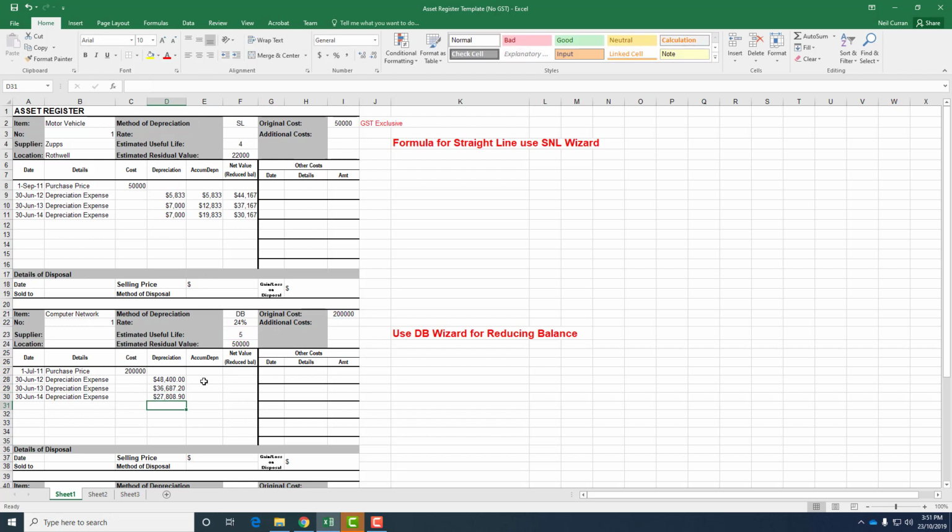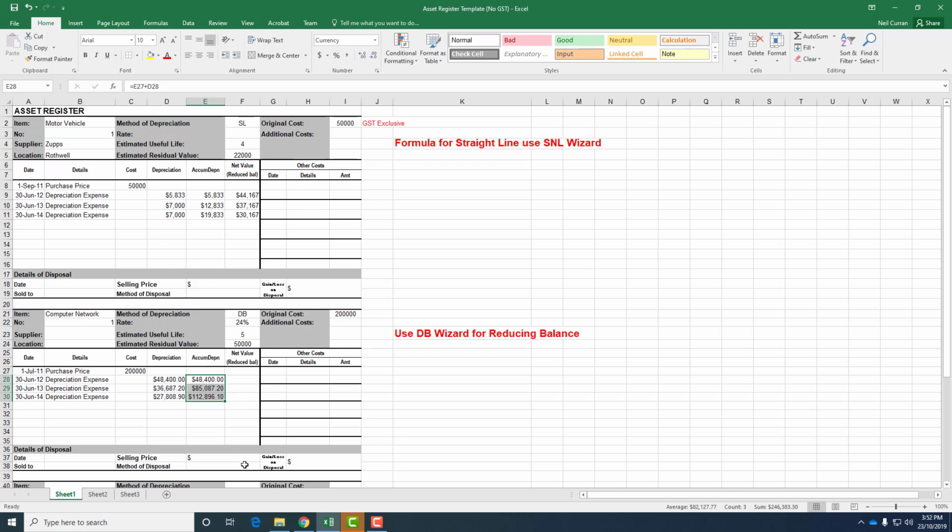And the same principles apply for your accumulated depreciation. So it is basically equals your opening accumulated depreciation plus whatever the depreciation was for that year. Okay, and then you can actually drag that down. Now those symbols basically represent the numbers being too big for the actual column, so just adjust your column.